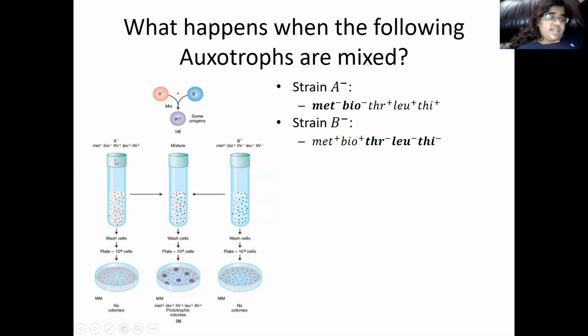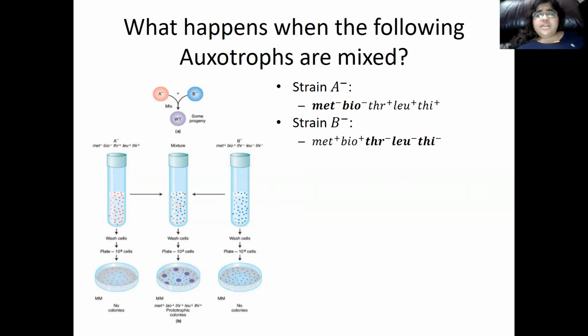We have just strain A sitting there, barely a couple of cells. Then we have strain B, which is plated. We see nothing happening, right? Just sitting there, nothing exciting.